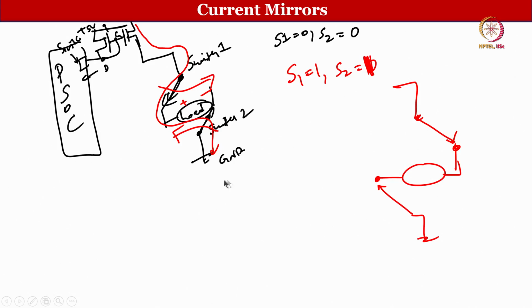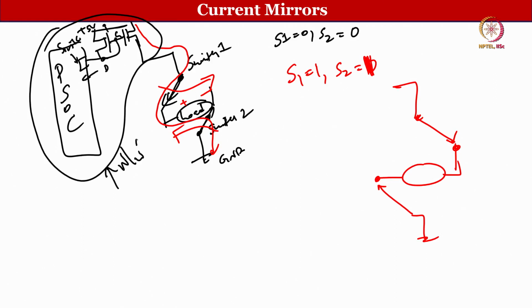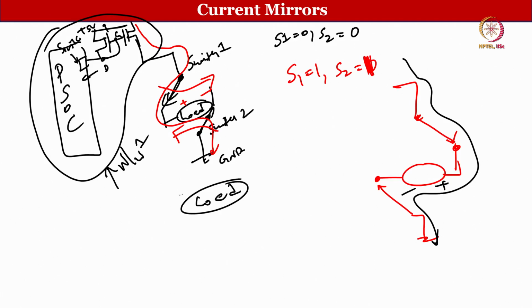So, now what is the current direction, right? If you look at the current direction, now you are not changing this network, it is the same network 1. So, now the current will flow in this direction, positive, negative. Earlier, if I take this as a load, this is positive, negative, it is going like this. Now, in the second phase, it is going like this, correct.